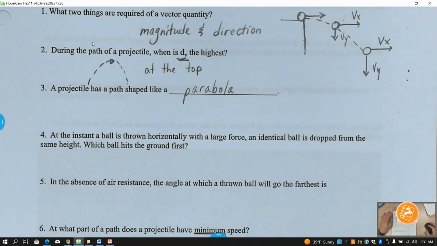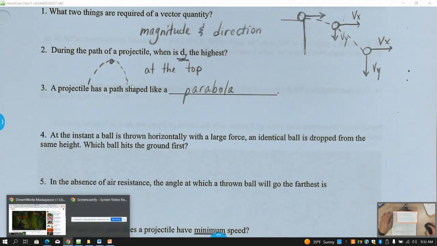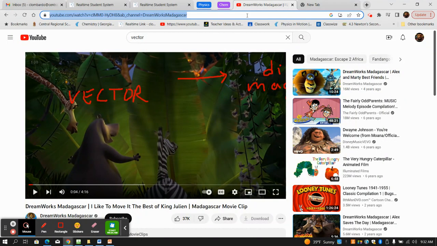Now, the instant a ball is thrown horizontally with a large force, and an identical ball is dropped from the same height, which one hits the ground first? So if I just do this real quick.